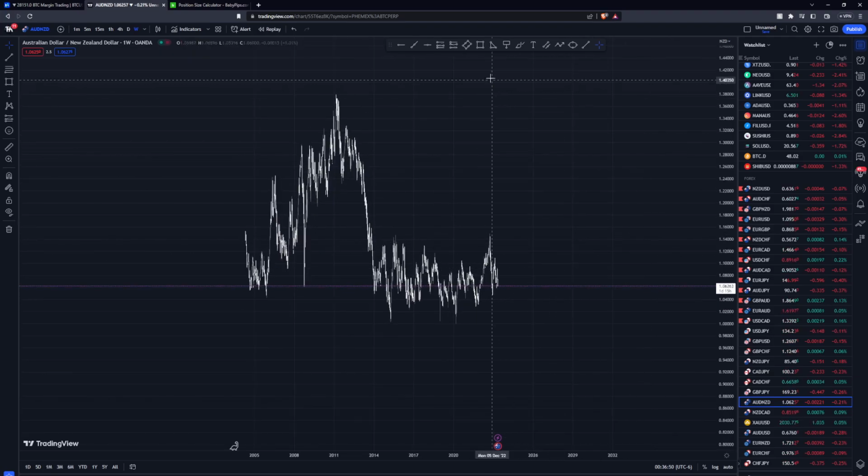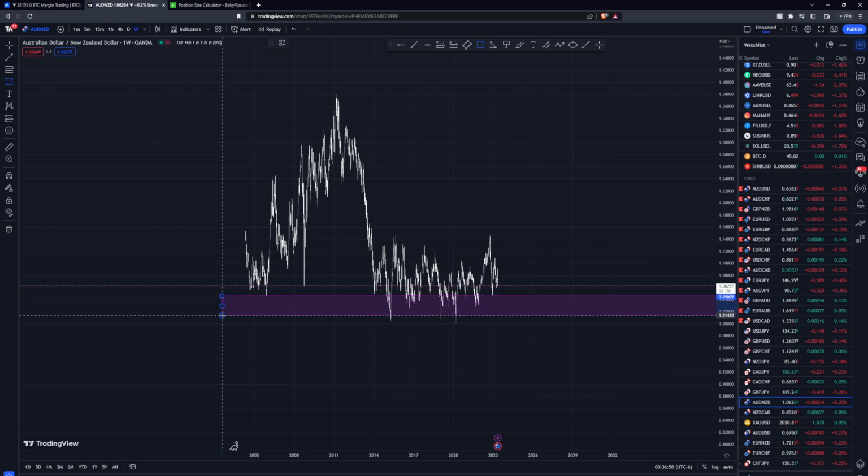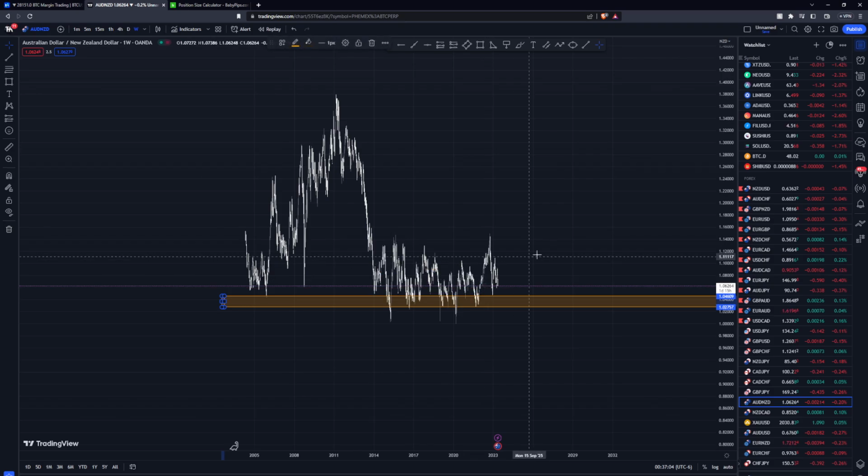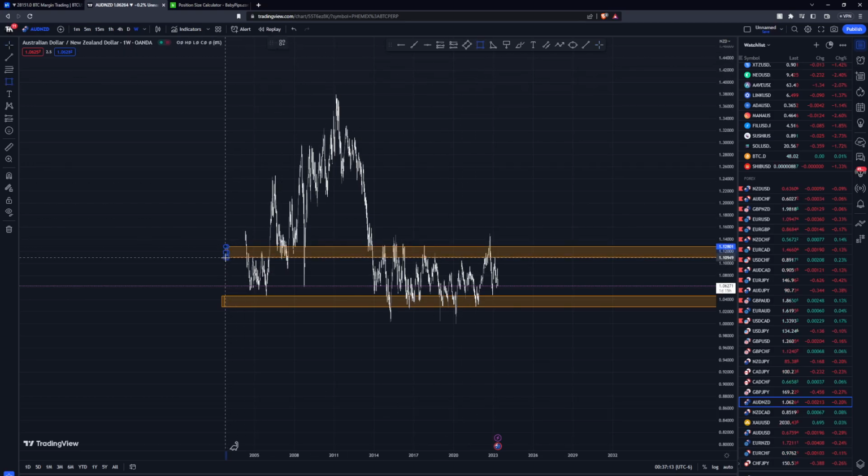And this one's a little wonky. Like, I don't want a crazy big zone here, but I might just keep it like that. Maybe one more right here, something like that.